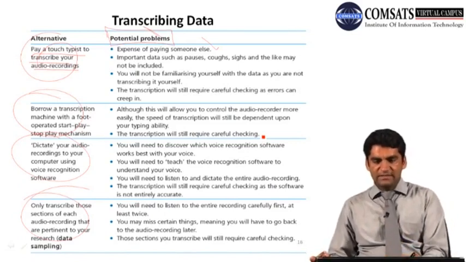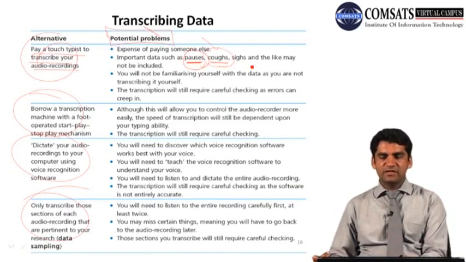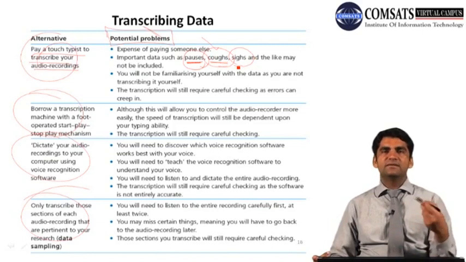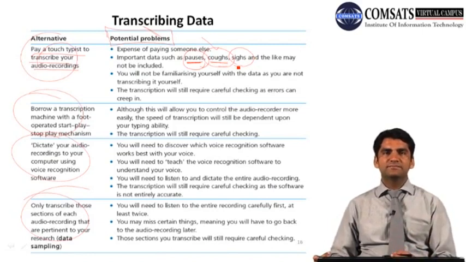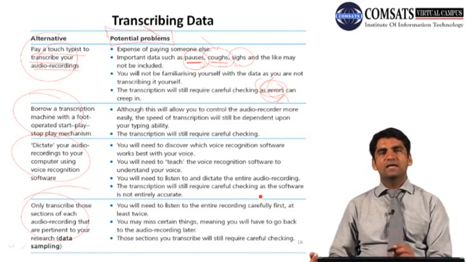So for example, how can errors creep in? Maybe the one who is transcribing the data might miss pauses, coughs, sighs and some other things that are important. And if these important things are missed out, then it means that there are errors in data that we have to, as a researcher, eliminate so that data can be error free.